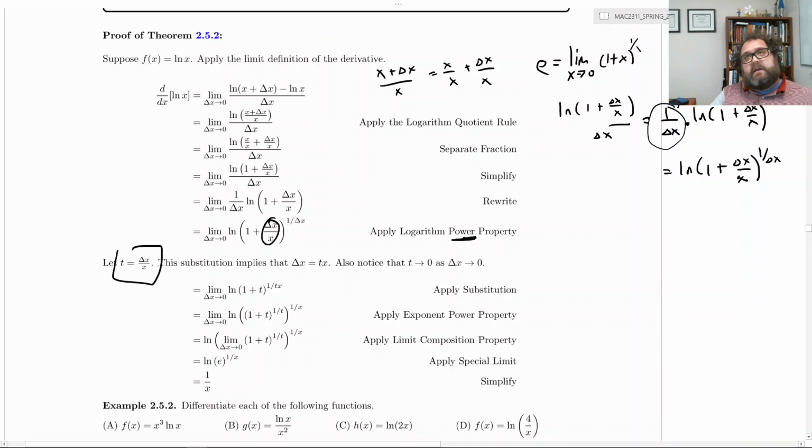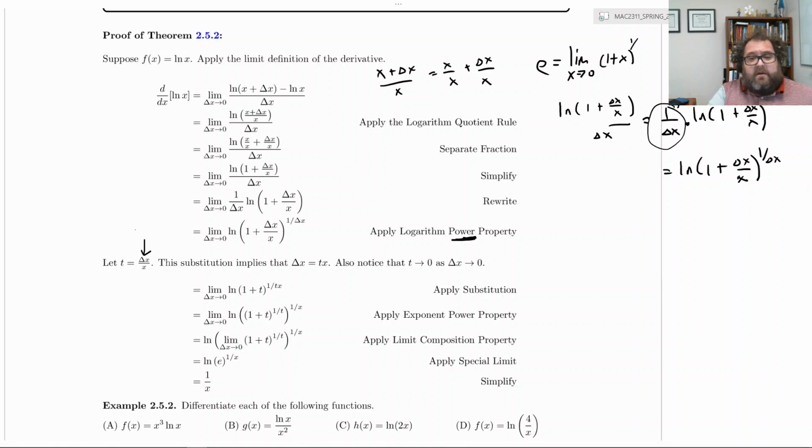Now, we also have to consider the behavior of t as delta x goes to 0. Okay, so as delta x gets smaller, closer and closer to 0, what happens to t? Well, if the right-hand side gets closer and closer to 0, then t, the left-hand side, has to also get closer and closer to 0.